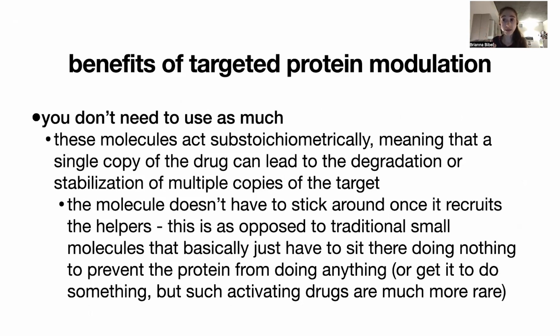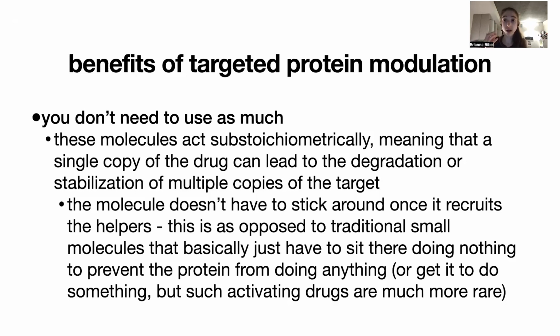In the case of these PROTACs or the molecular glues, you can act substoichiometrically, meaning that a single copy can lead to the degradation or to the stabilization of multiple copies of the target.